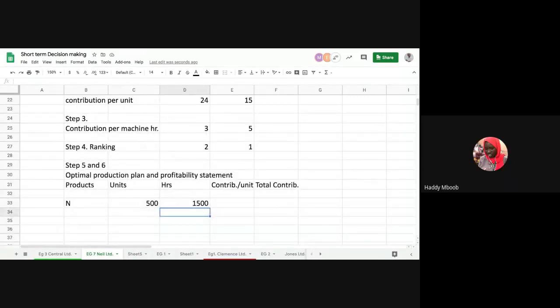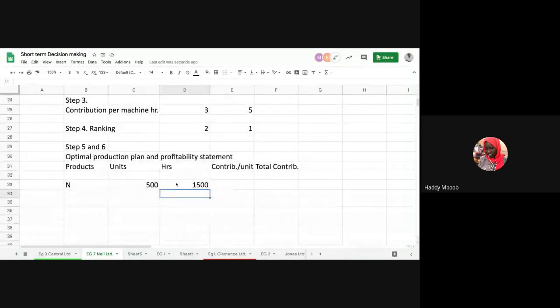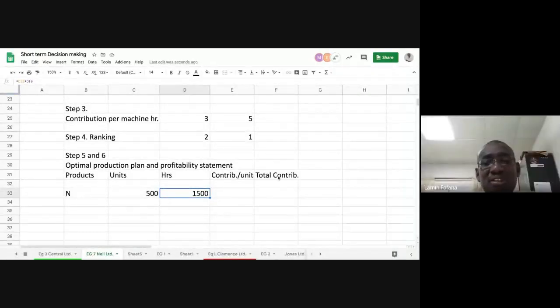Mr. Fofana, can't we just go to the calculation where we have calculated the total number of hours that N has to use to produce the product? Why not just enter equals and click that 1,500? Spot on, Hadi.